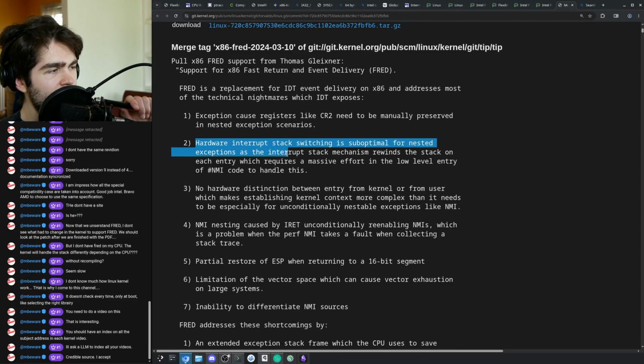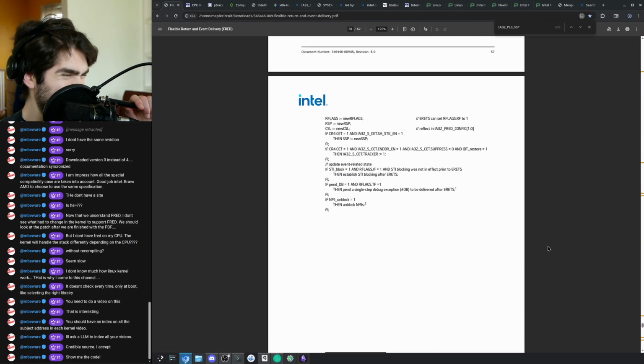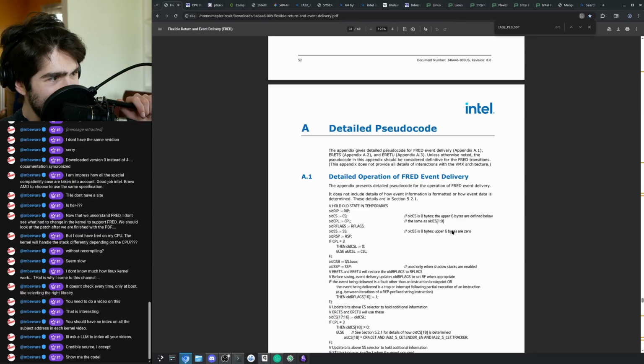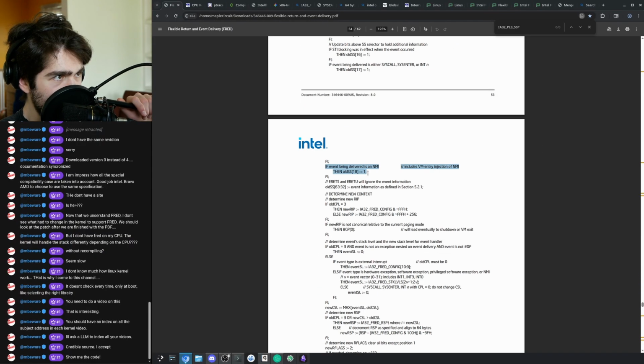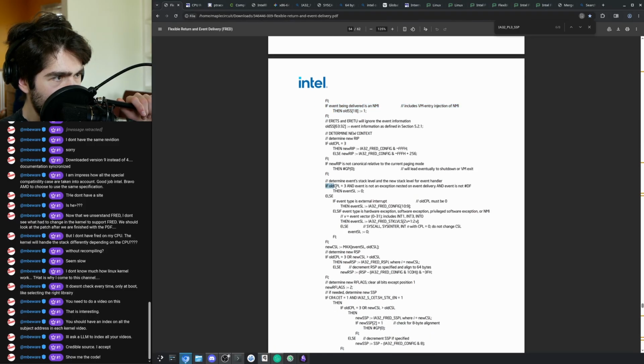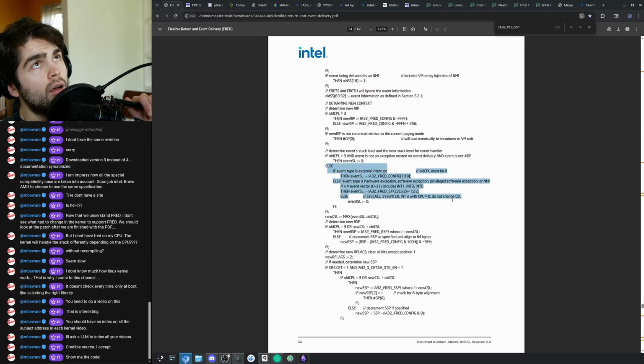How has this changed? Wait, am I missing something? It's down there. Okay, I am. Show me the code! Okay. So if it's an NMI, we do this. But here what I'm looking at, an NMI would create a stack. I don't see how an NMI would be in any way different. Oh, okay, I think I get it.